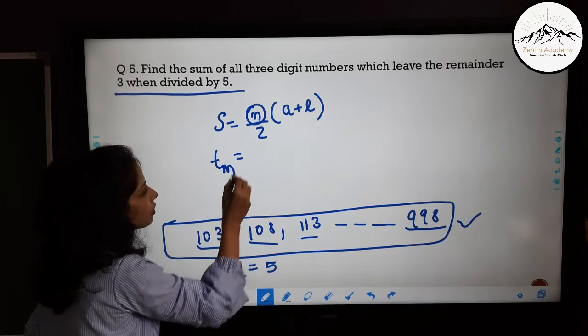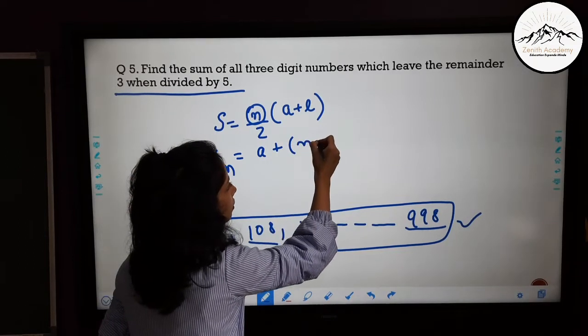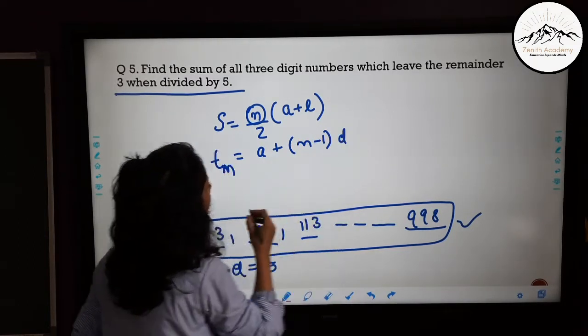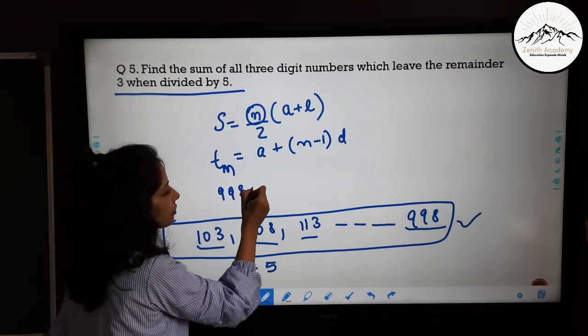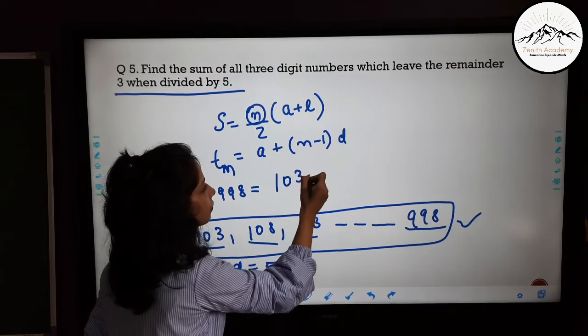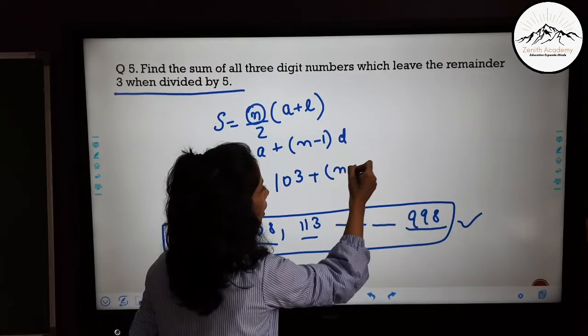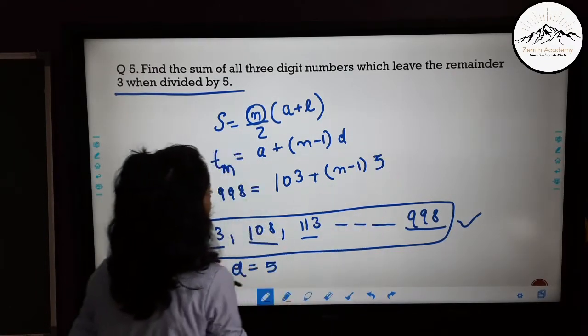Finding the nth term is A plus n minus 1 into D. This nth term is 998. A we know as 103, and D we know as 5.